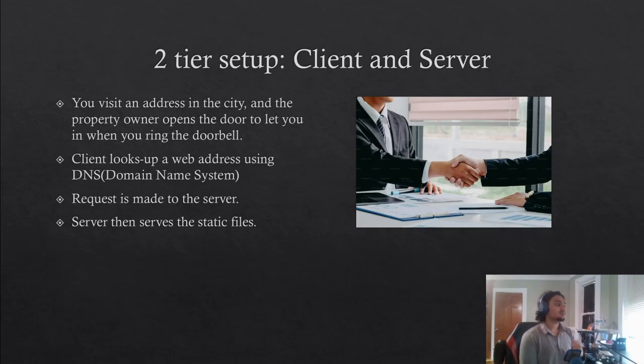Then you make a request to the server. It's like the travel that you make to the building, and ring the doorbell. And then the server is the one that is going to open up the door, let you in, and then you can see the static files on the website. Pretty simple, pretty basic.